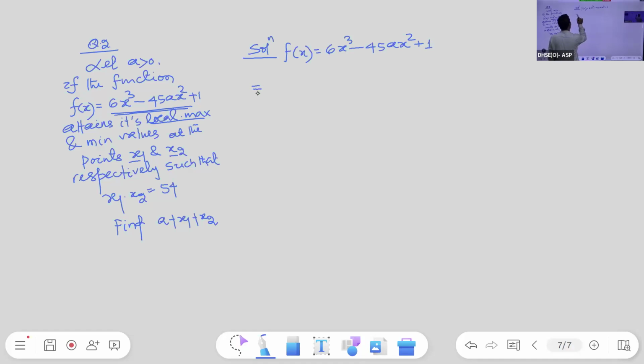This implies f dash x equals 18x square minus 90ax. Okay.